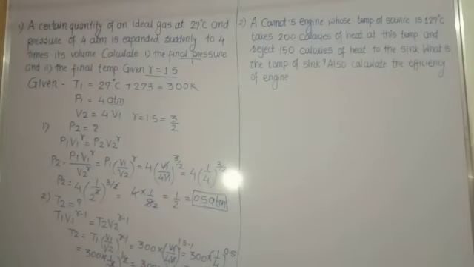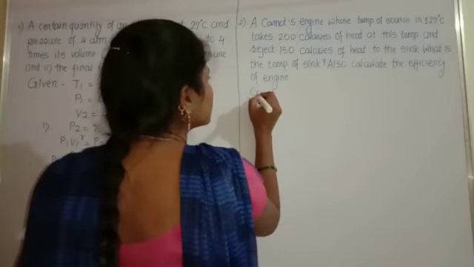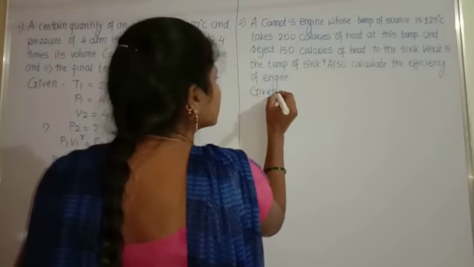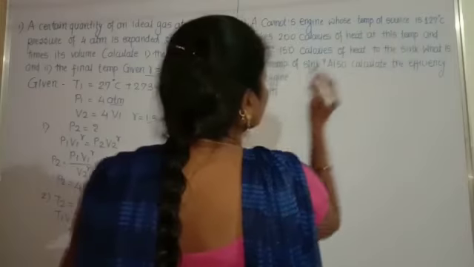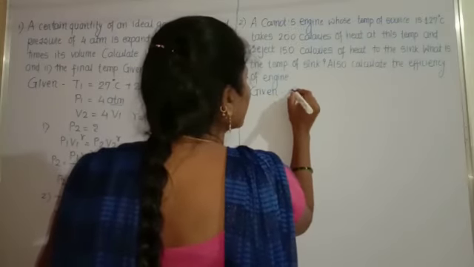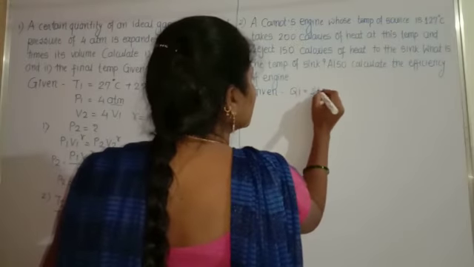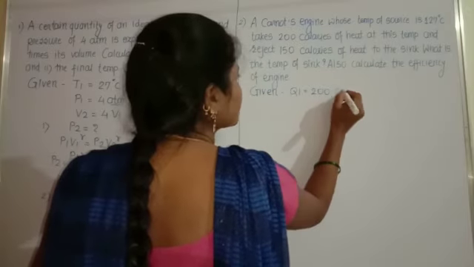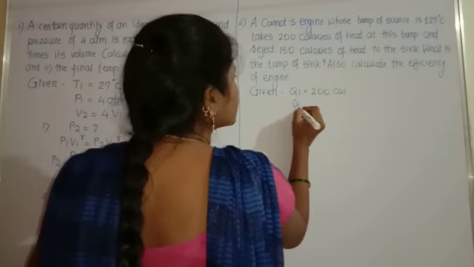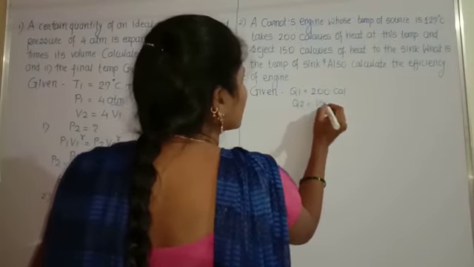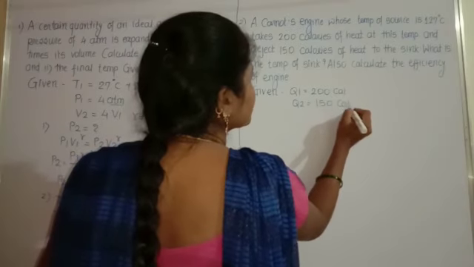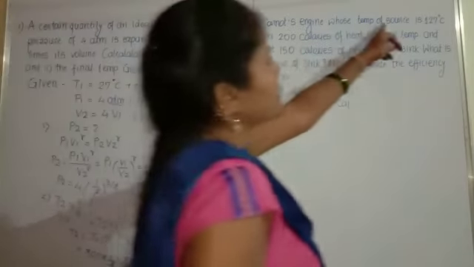So in this, we are given Q1 equals 200 calories, because this is the heat at the temperature of the source.